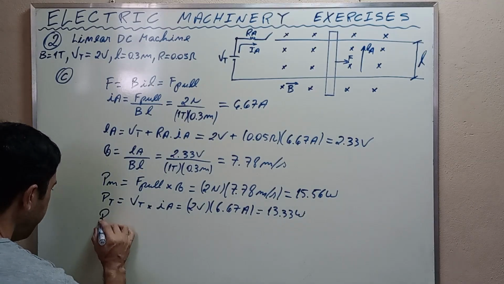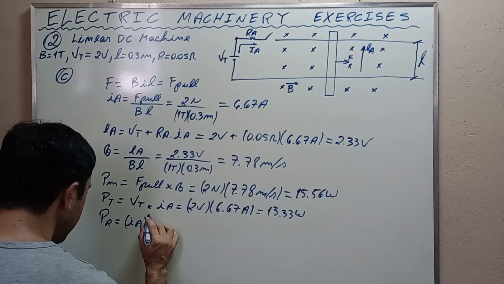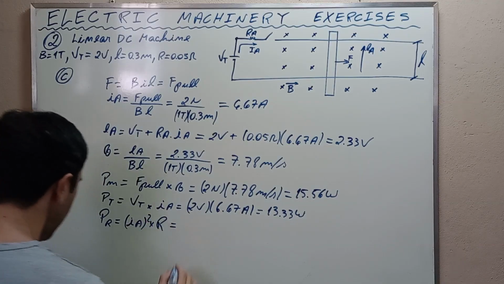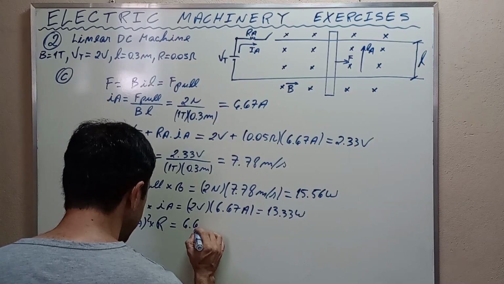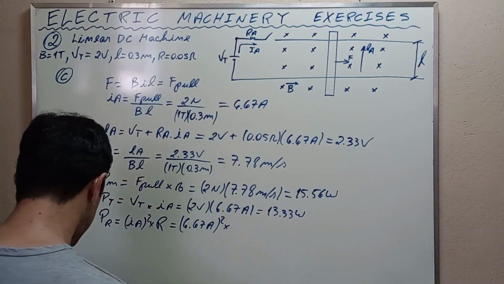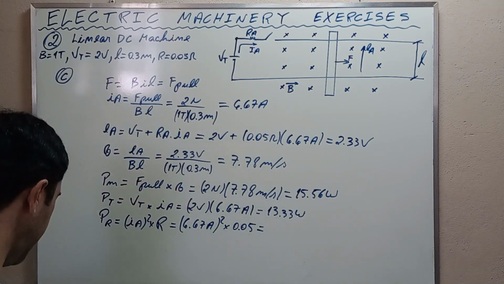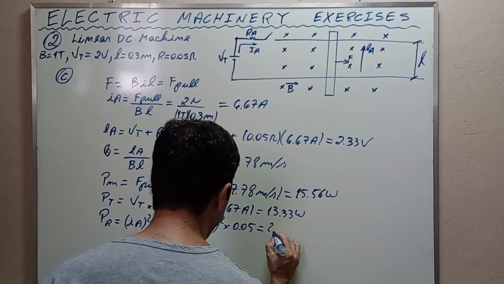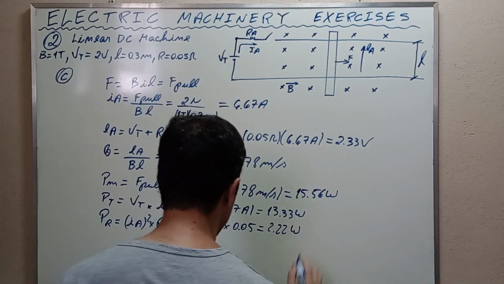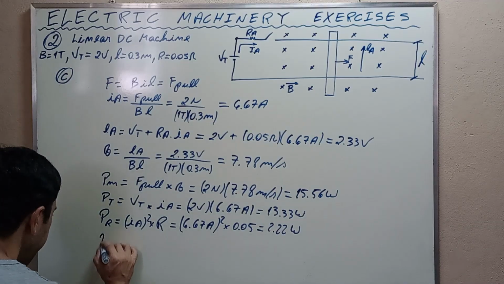Okay, the power dissipated in the resistance is equal to the current squared times the resistance, and this is equal to 6.67 amps squared times the resistance, which is 0.05, and then we find that the power dissipated in the resistance is 2.22 watts.